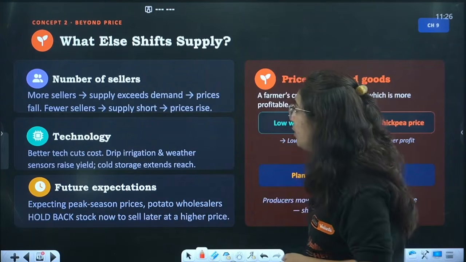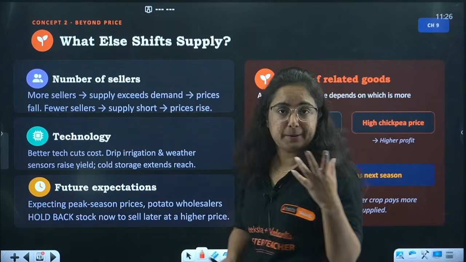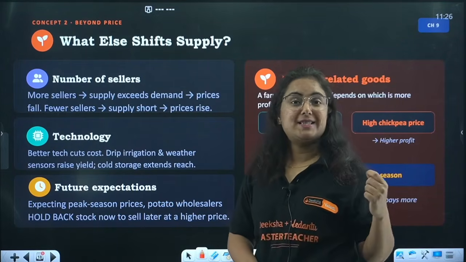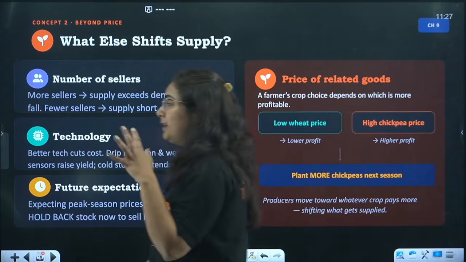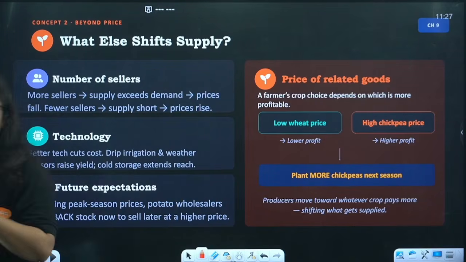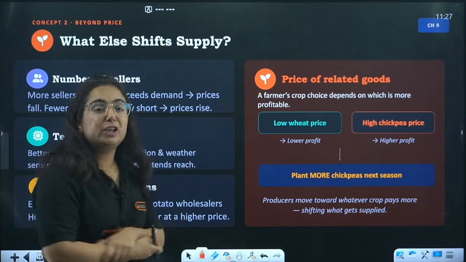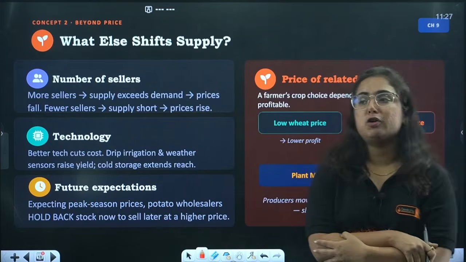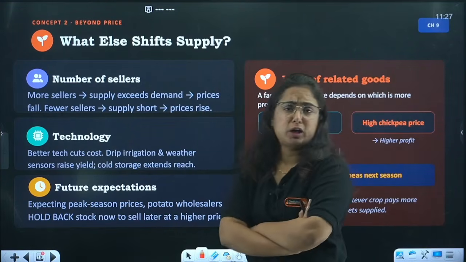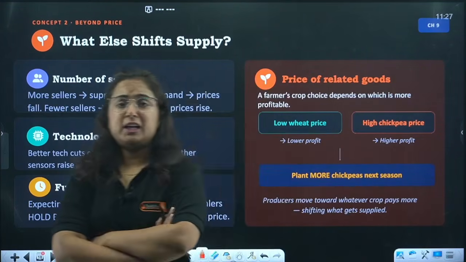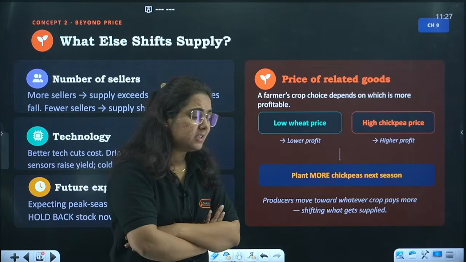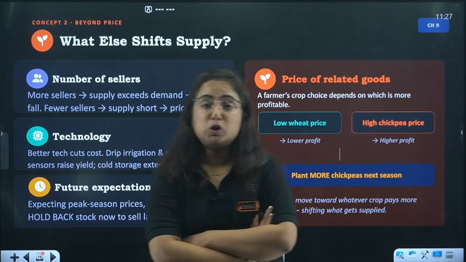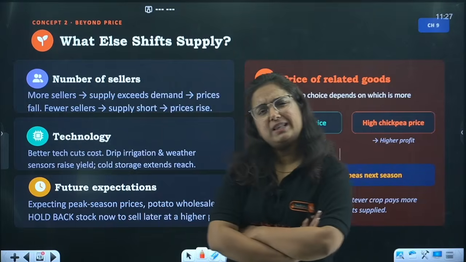Now here comes more points, that is the number of sellers. When we are deciding, you're small now, you're a kid now, but when you grow up, or you might have heard your parents or your elder siblings talking about it, when they want to start a business, what do they think, beta?